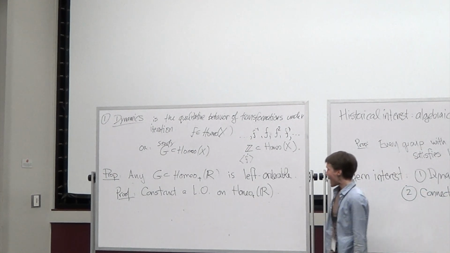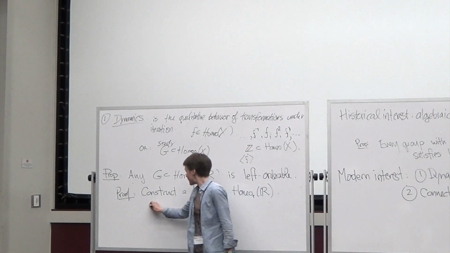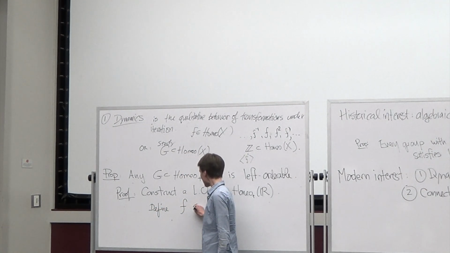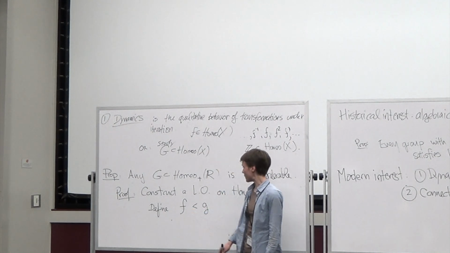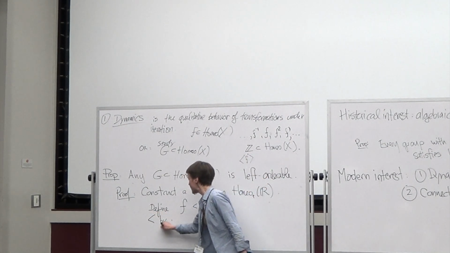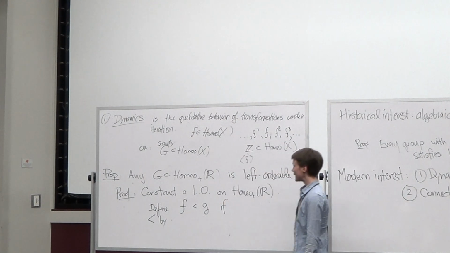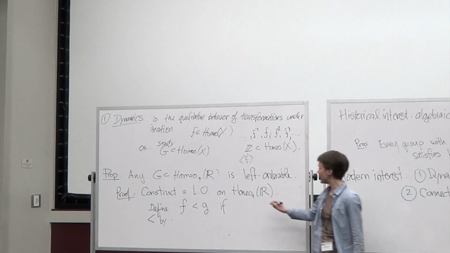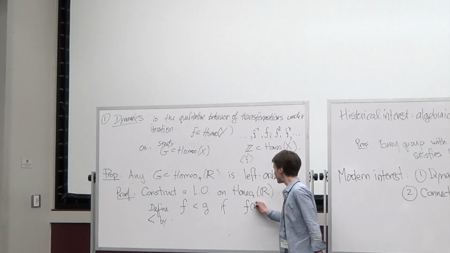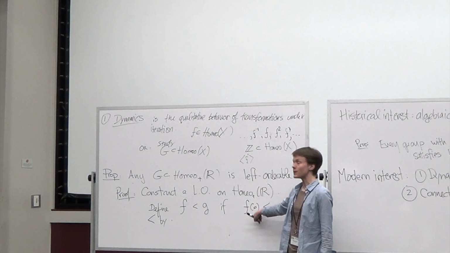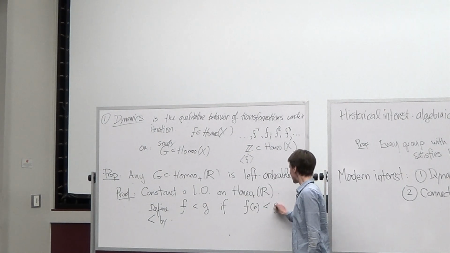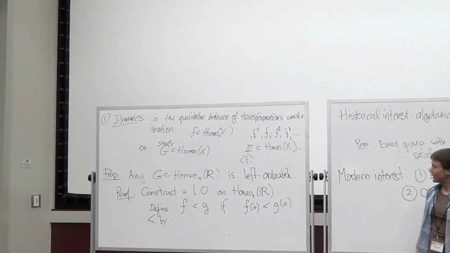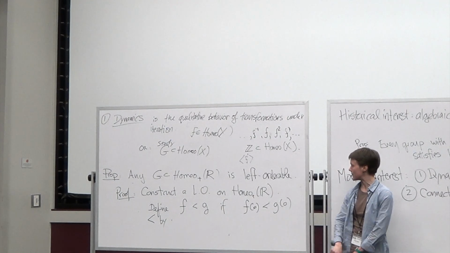Okay, so I have to define a left order by saying f is less than g in my order. I'm going to say if f of 0 is less than, in the usual order on the real numbers, g of 0, because the operation in this group is composition.